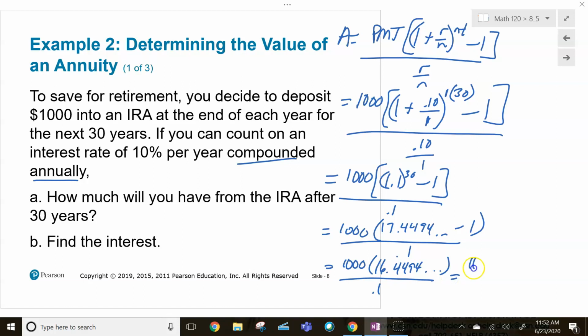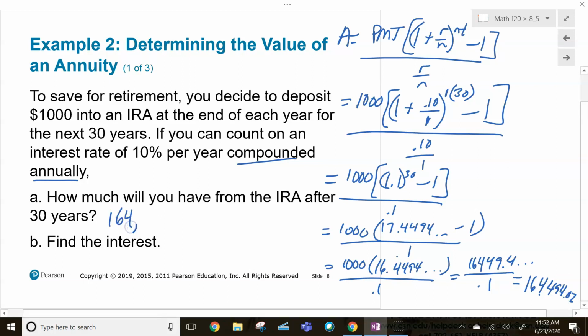So I got 16,449.4 divided by 0.1, and this finally equals 164,494.02. So 164,494.02. That's the value of that thing at the end.